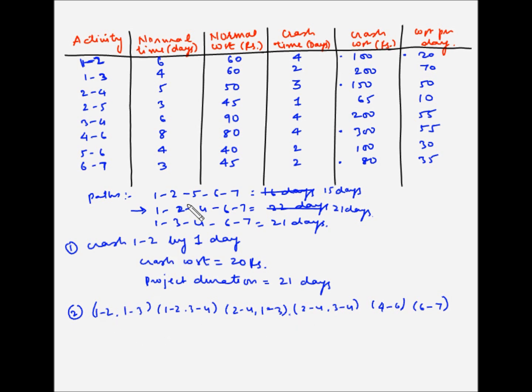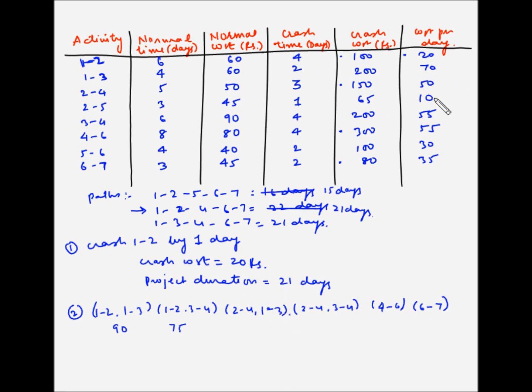So 1 2 is 20 and 1 3 is 70. So 20 plus 70 is 90. So this is 90. 1 2 is again 20 and 3 4 is 55. So 20 plus 55 is 75. 2 4 is 50 and 1 3 is 70.